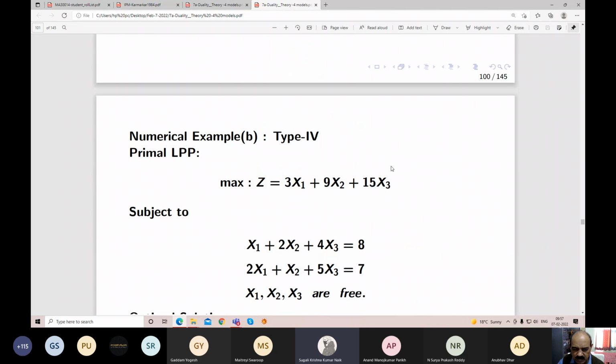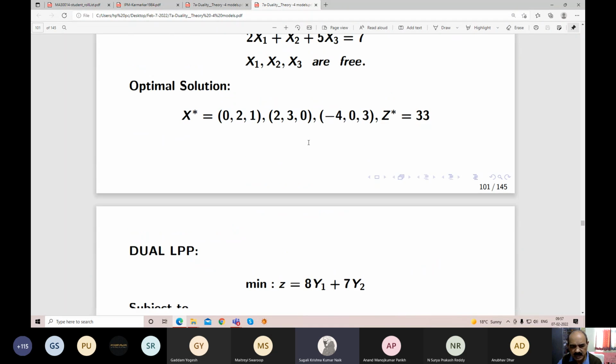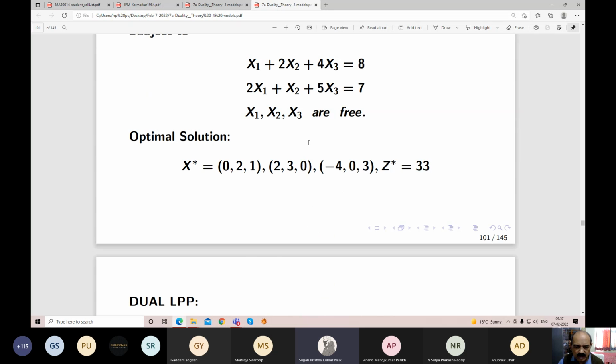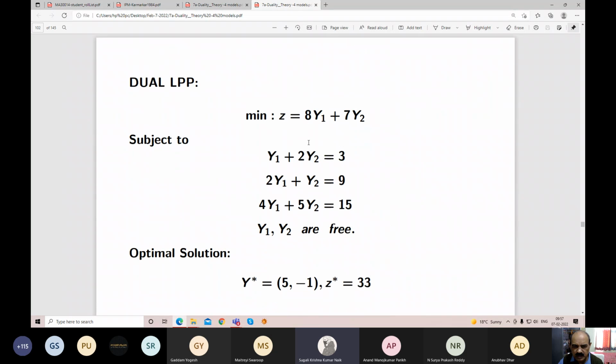Next problem. You can see a similar problem. Earlier it was equal type. Here also equal type. They are all becoming equality type constants. 3 equations, 2 unknowns. When will it have a solution? Tell me. 3 equations, 2 unknowns. They have to be linearly dependent.